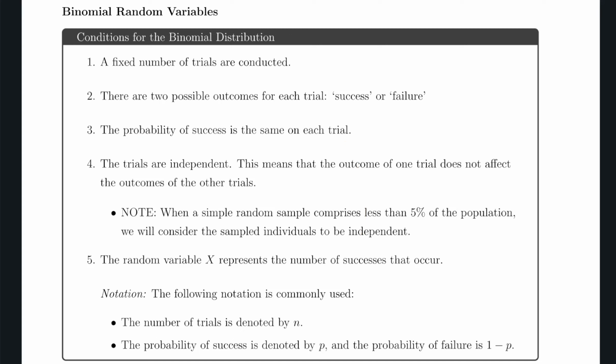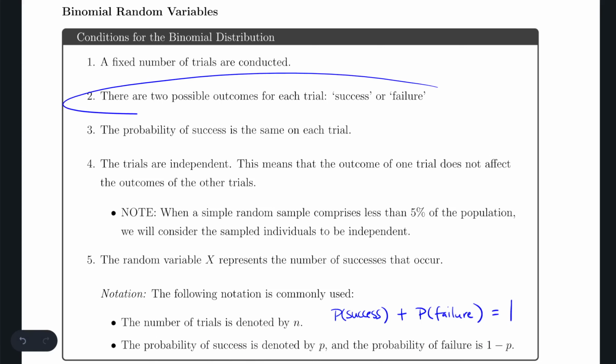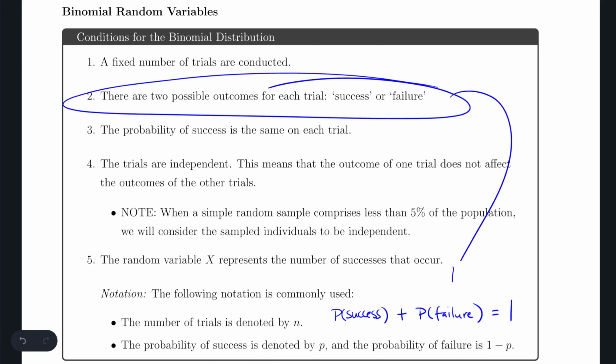And those two things together, success plus failure, is all possibilities. And we know the probability that all possibilities could occur is 1, which is why if the success is p, then the failure rate is 1 minus p. Because when there's only success or failure as an option, the probability of success plus the probability of failure is 1, and we can isolate to solve for one or the other.